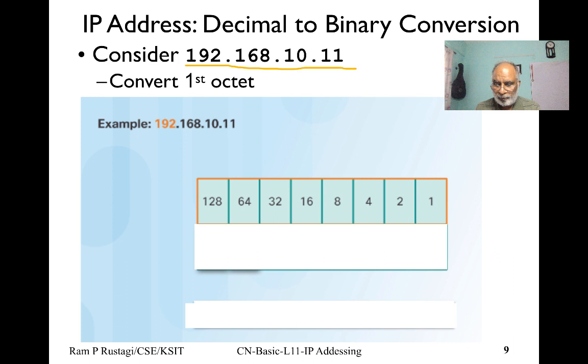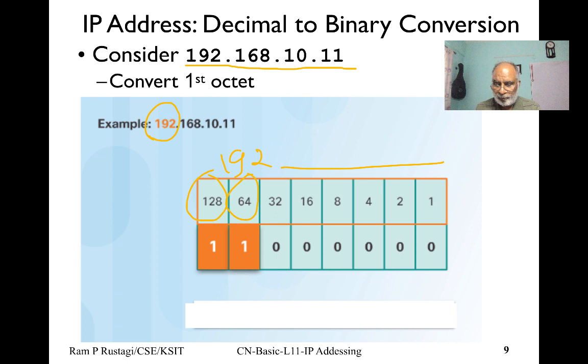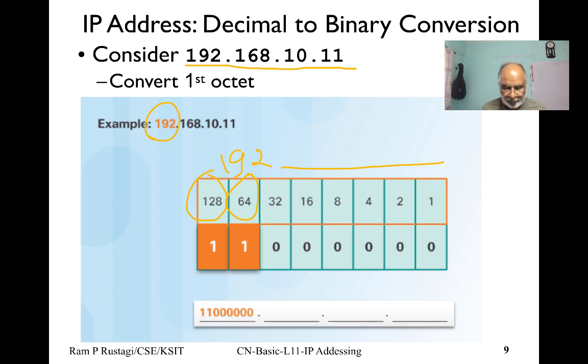We take the first octet, which is 192, and convert it into binary. 192 corresponds to 128 plus 64. This makes it 192. We don't need other bits. So essentially the 192 will correspond to 11000000.